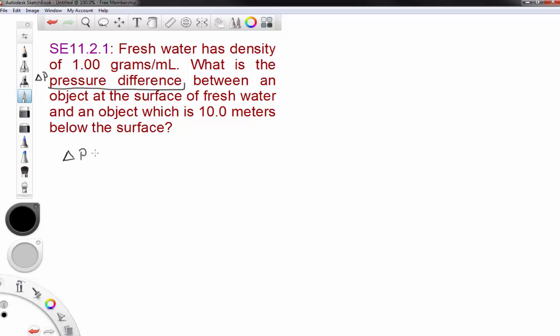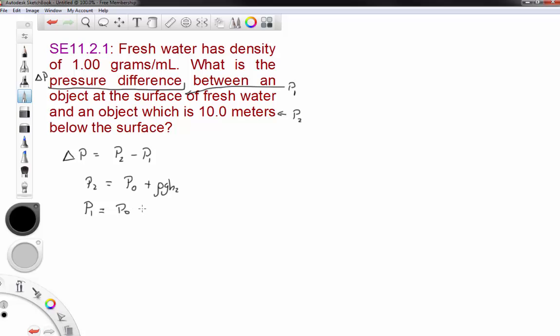Delta P is always going to be pressure 2 minus pressure 1, where pressure 2 in this case is given right here. So this is the location for pressure 2, and then this right here happens to be the location of pressure 1. Now, pressure 2 is going to be, by definition, P0 plus rho G H2, where H is how deep into the water we are.